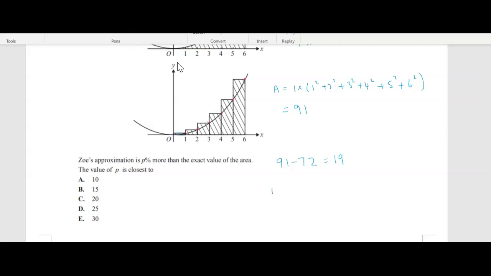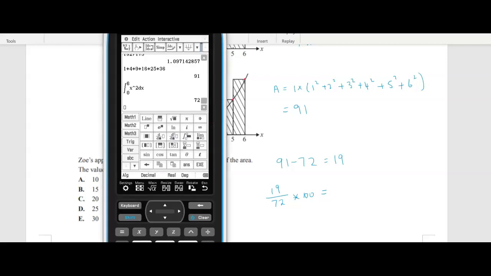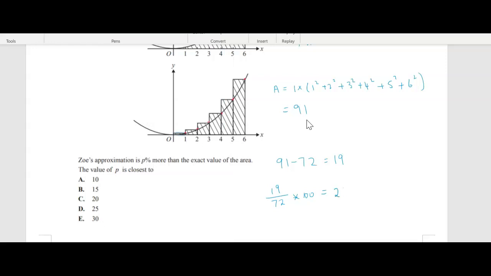So 19 over the exact area, which is 72, multiplied by 100 just to put it into a percentage. So 19 divided by 72 times 100, and we get 26.39.